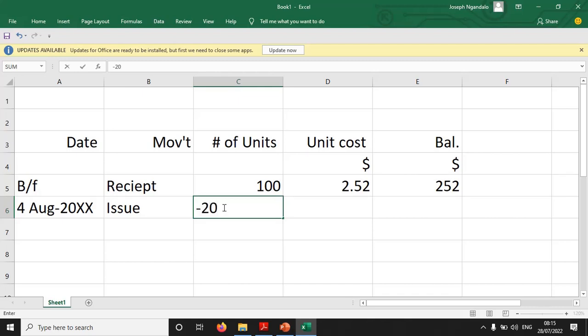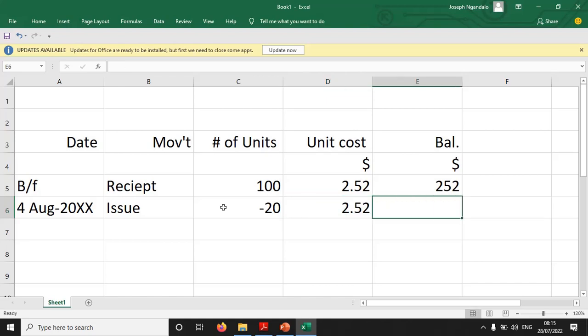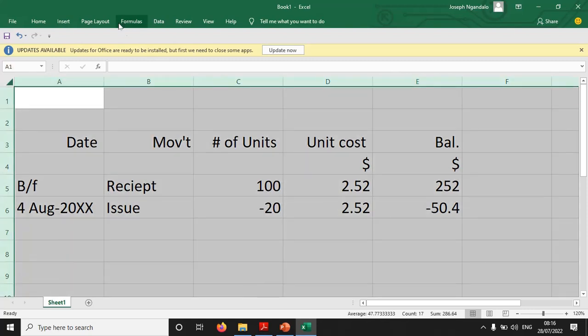So when there's an issue, what do you do? You less, isn't it? And that issue is going to be valued at the exact number there. And again, you find the balance by multiplying, right? Yes, there we go. Let me just turn these things into accounting terms here.